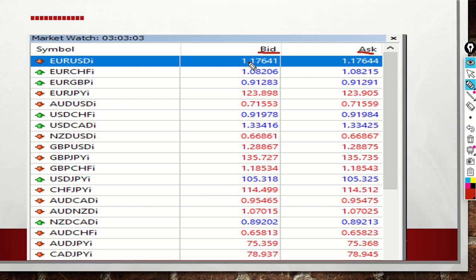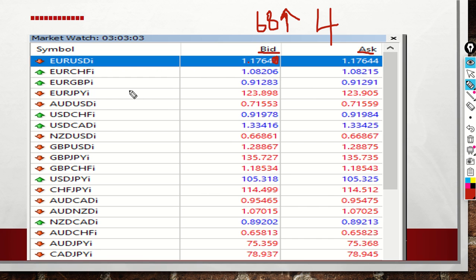As you can see, this is our comma: 1, 2, 3, 4, 5. This last number is a fraction of a pip. This one, I don't consider it when I'm counting any changes in price. So if we have a change from 64 to 68, how many pips did price increase by? It's only 4 pips.